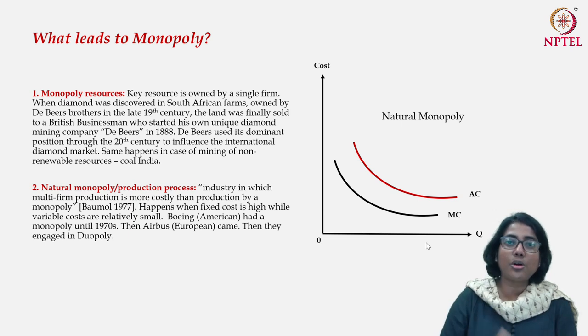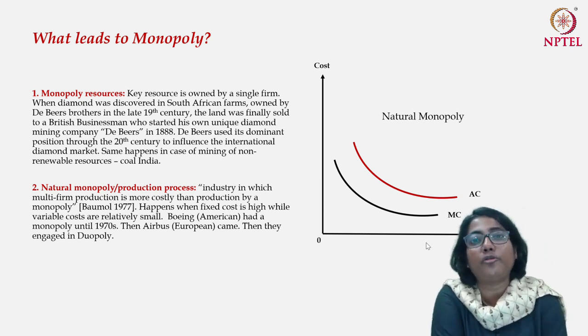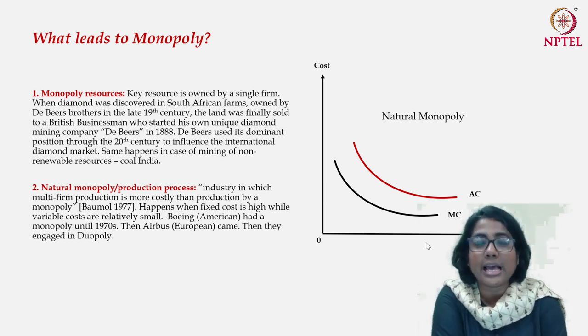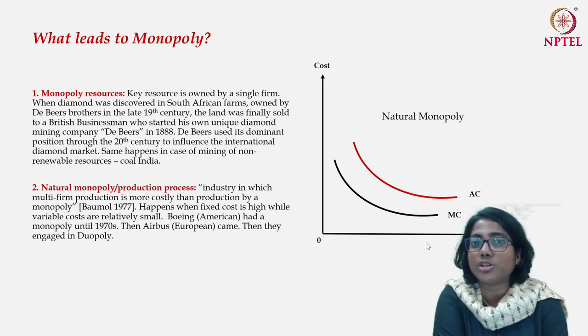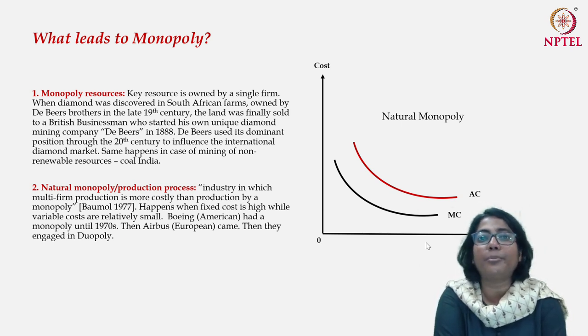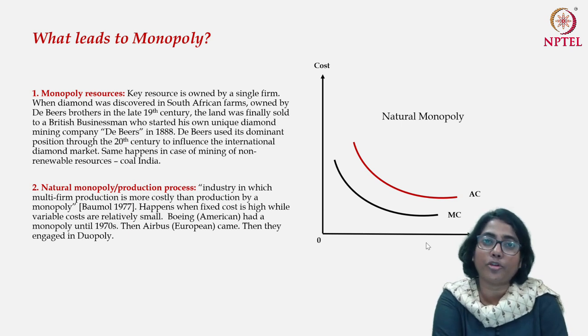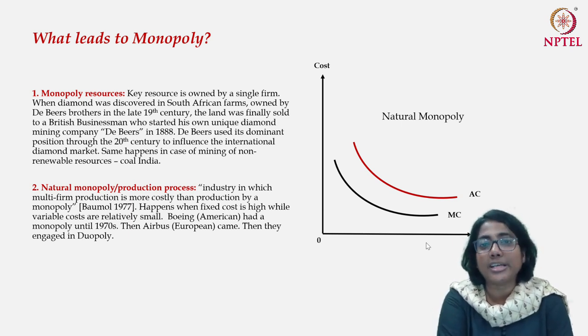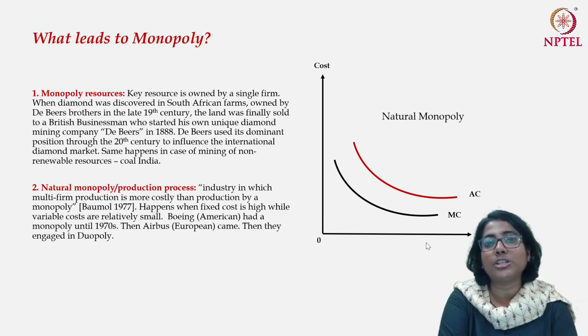As long as the average productivity of your variable input increases, your average variable cost declines. As soon as the average productivity of your variable input starts declining, your variable cost will start increasing. And what was the average cost curve? The average cost curve was the vertical summation of the average fixed cost curve and the average variable cost curve.